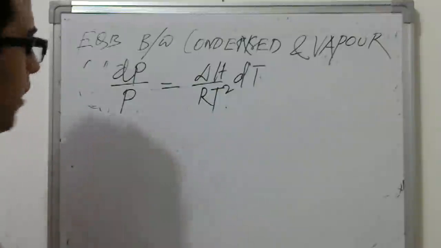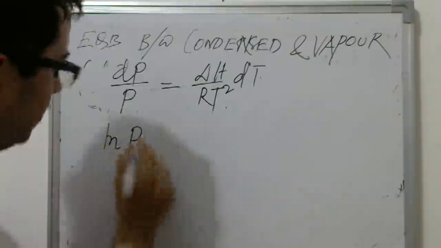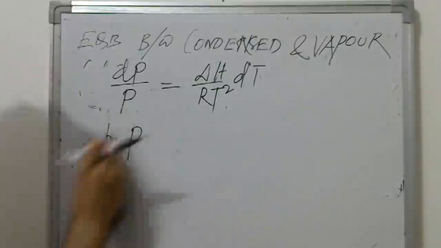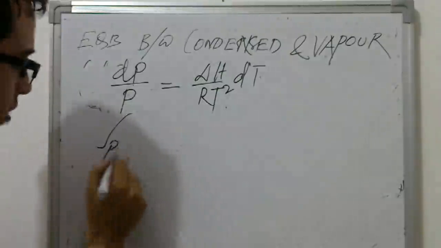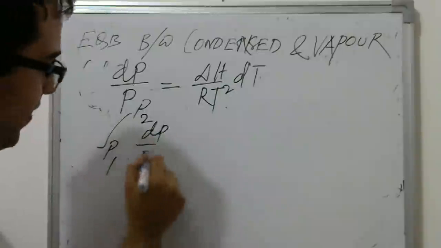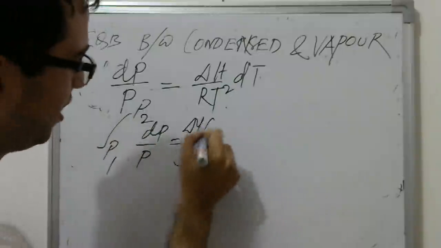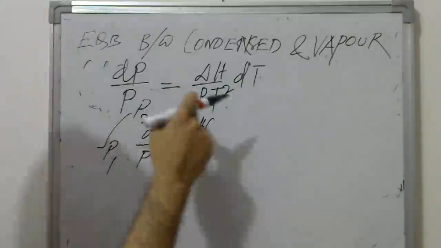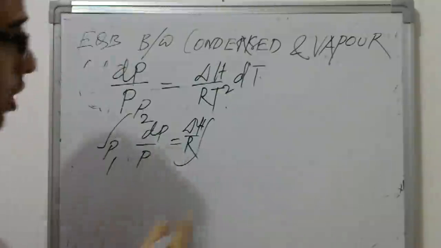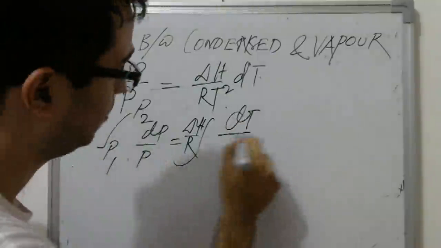So normally if I integrate it, I will just do d ln P. So let's do it. Integration from P1 to P2, dP by P is integration of delta H by R. I will just keep it outside. Remember, if H is not a function of temperature, keep it out. It depends on your problem, by T square.